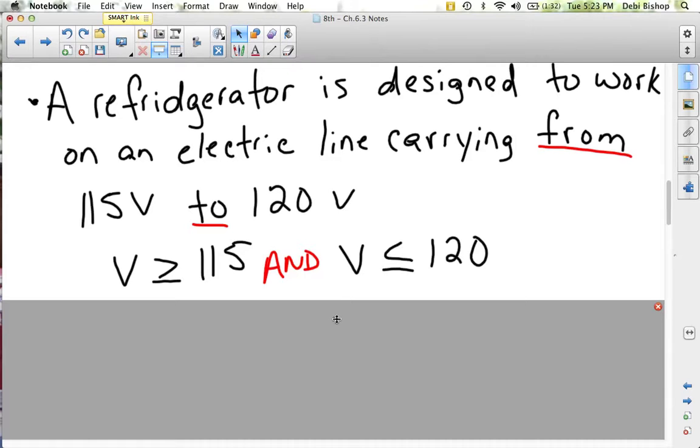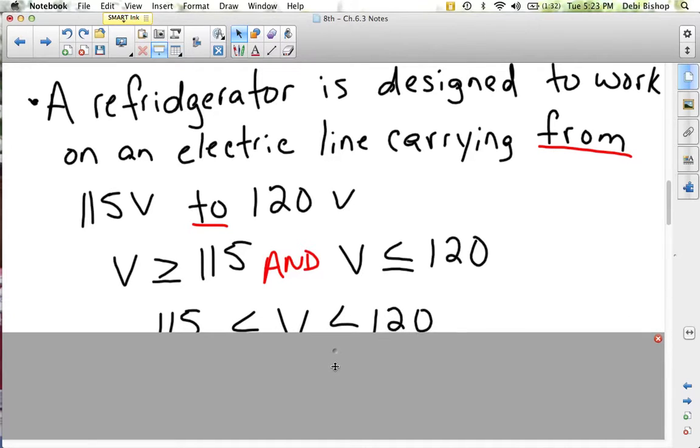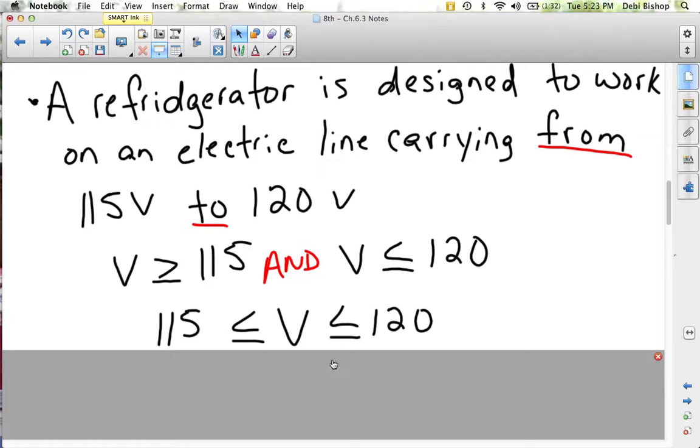So it has to meet both of those criteria. So I go through and I say, okay, it's an and, I can put them together. So I know my voltage is less than or equal to 120 volts, but I also know that 115 volts is less than or equal to.